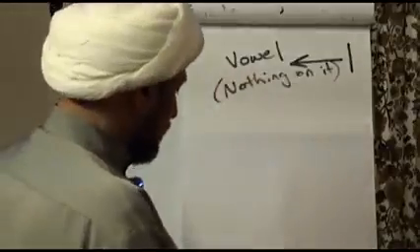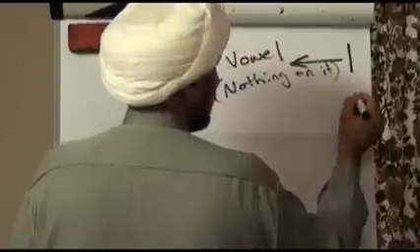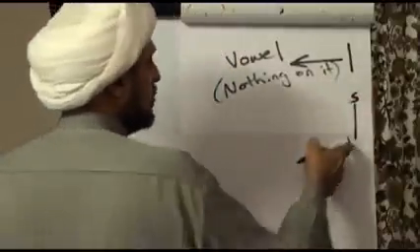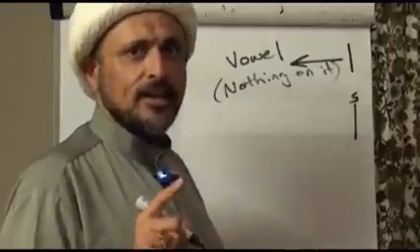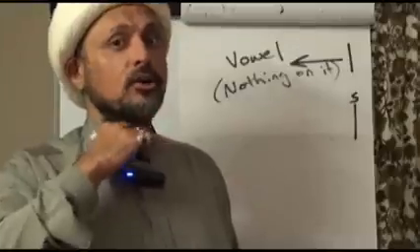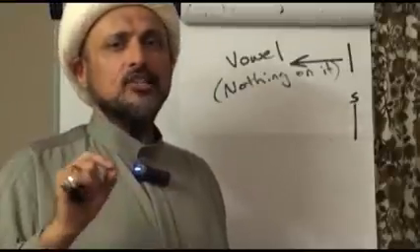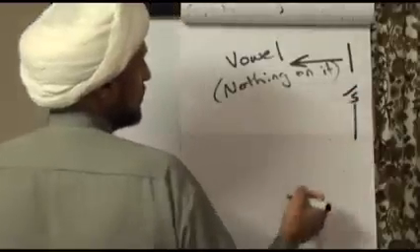But whenever alif has hamza on it, or underneath it, then it's a consonant. So it's a glottal sound. Ah, not that strangling ah. It's ah. So this is ah.